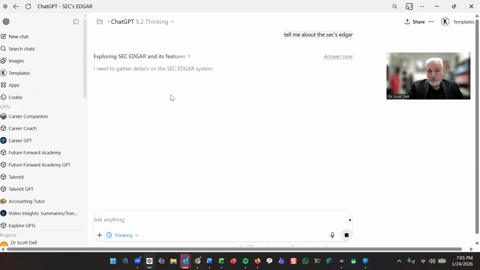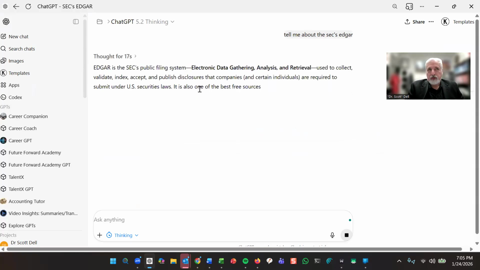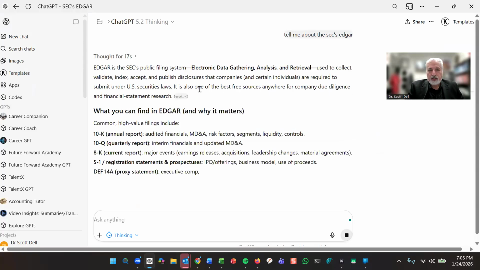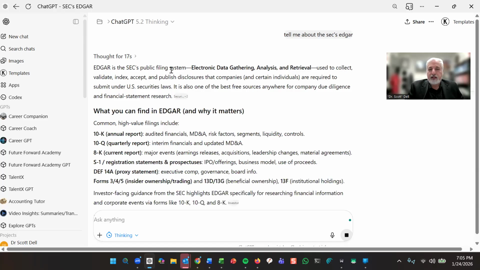I use a thinking model, and it does give you pretty good details as it goes through. So it's exploring, it's going to grind through some things, and I'll search for pages. The thinking model is almost like the reasoning models. So here it is: public filing system, electronic data gathering, analysis, and retrieval, used to collect, validate, index, accept, and publish disclosures.